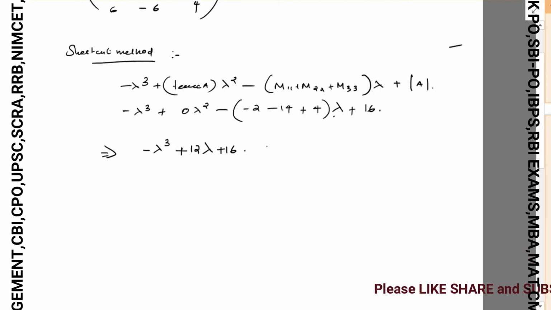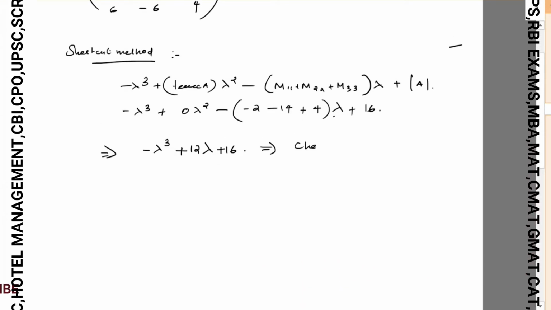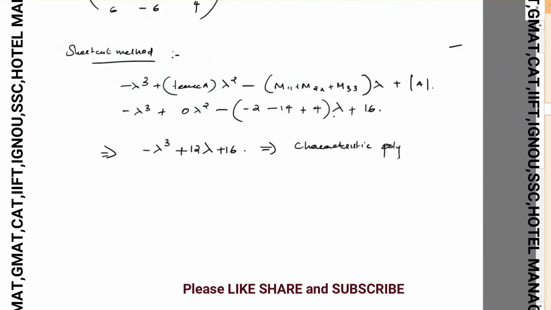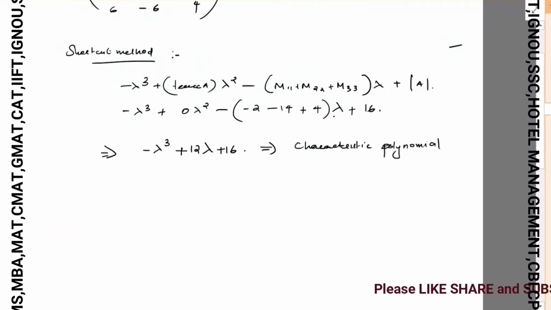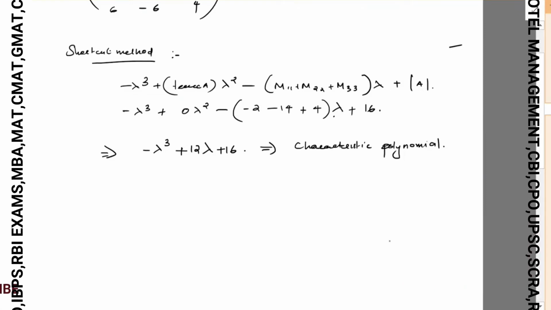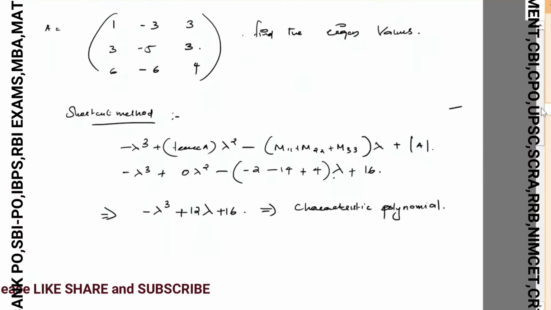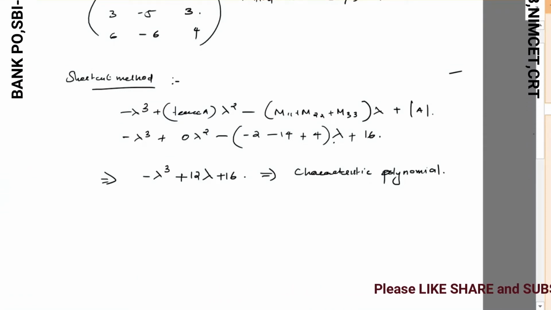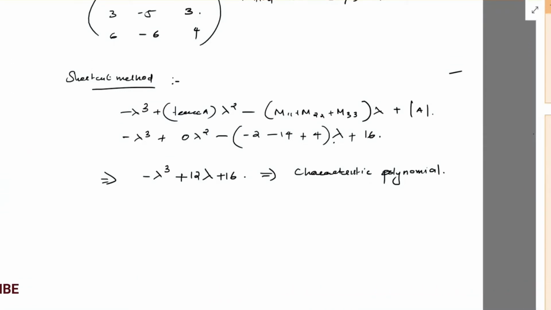That will be the characteristic polynomial of the given matrix. The question is to find the eigenvalues of the matrix, so we need to find the roots of this polynomial. For that, we will take the divisors of this 16. What are the divisors of 16?